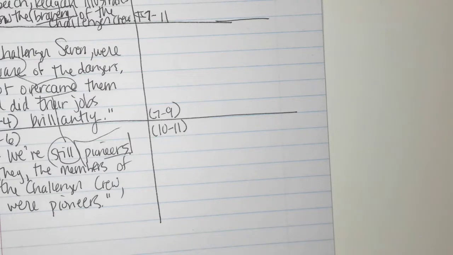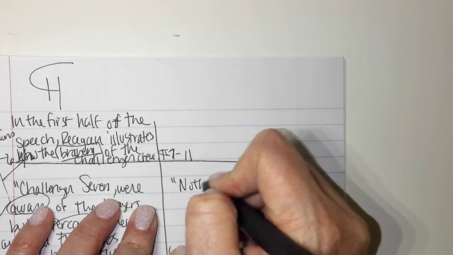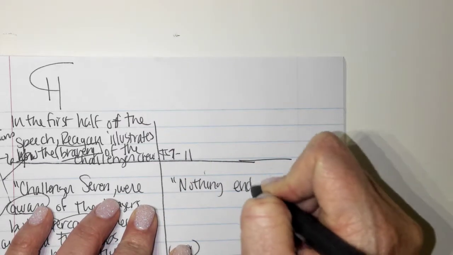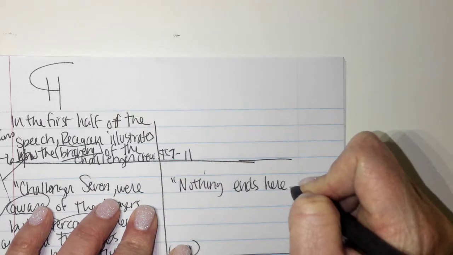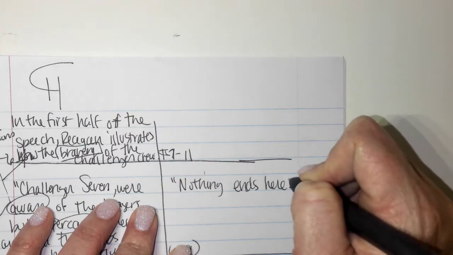All right. What piece of evidence did y'all like from 7 through 9? Nothing ends here. Our hopes and our dreams continue. What paragraph is that? Oh, it's in the 8.